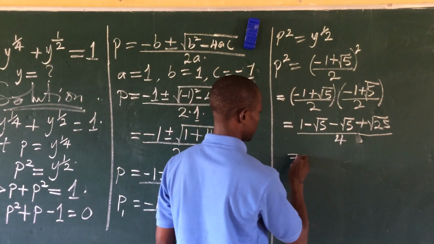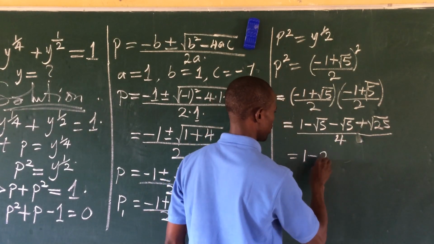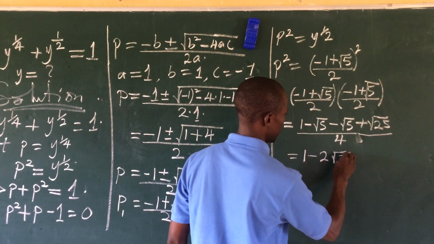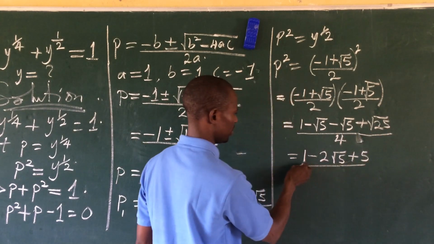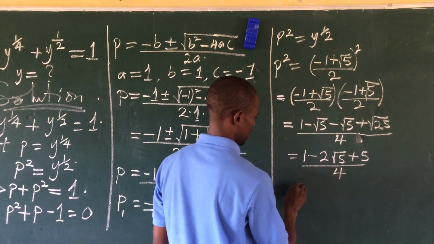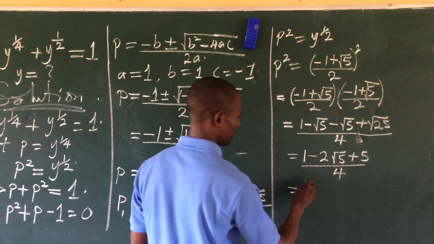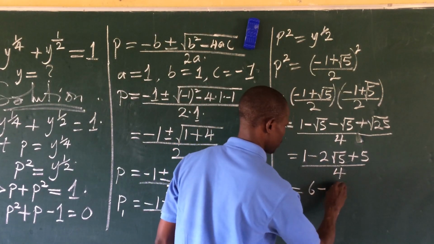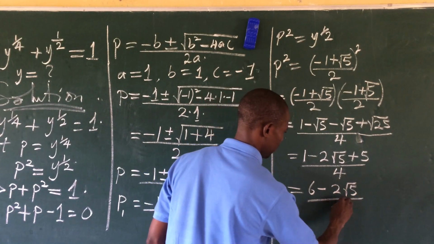So again, this gives us 1. This minus this gives us -2√5. Then plus 5, all over 4. If we simplify, adding 1 and 5 gives us (6 - 2√5) all over 4.